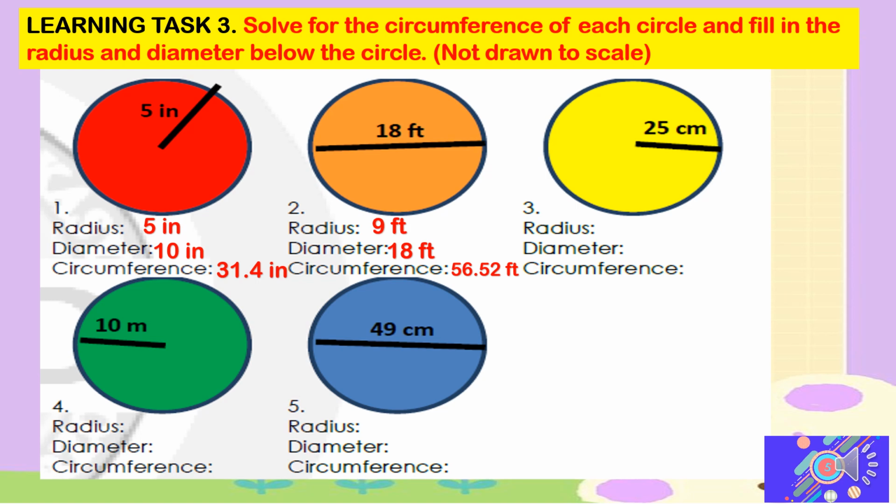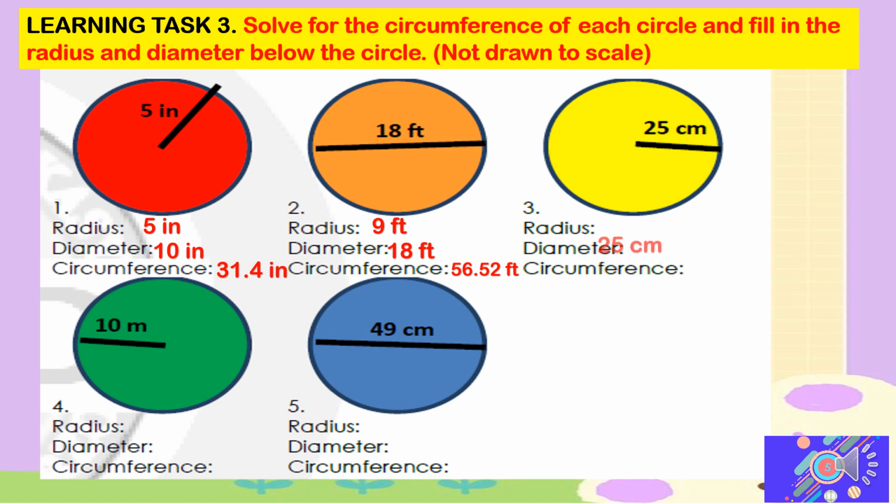So paano ba natin nakuha yan? The formula is C equals pi D. So pi D, that is 3.14 times 18 feet, and the circumference is 56.52 feet.